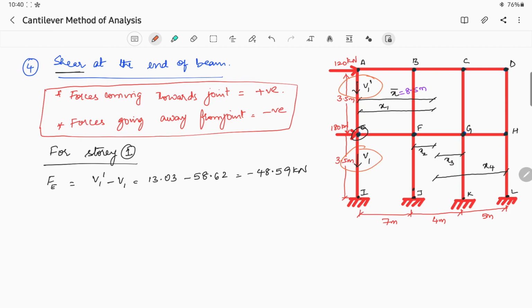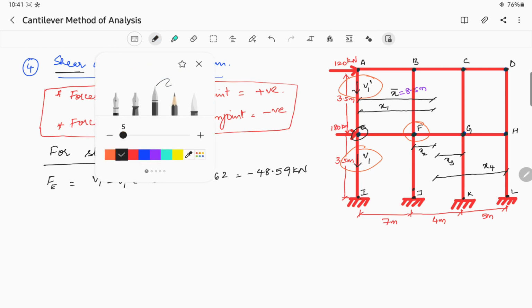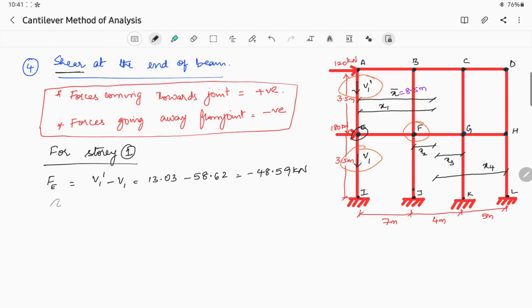Now let us move towards another joint, that is joint F. So shear force at F is equal to, now see here, we have one force, that is V2 dash, and here also we have V2.